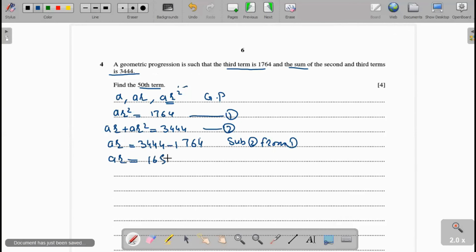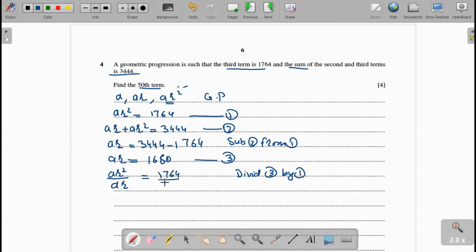Now we divide the third term equation by the second: ar² divided by ar equals 1764 divided by 1680, where a will cancel. Now we find the value of r.